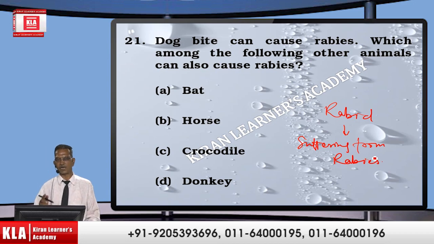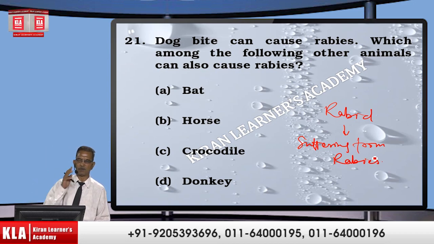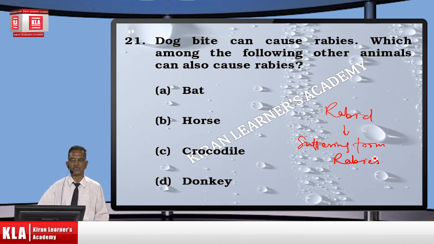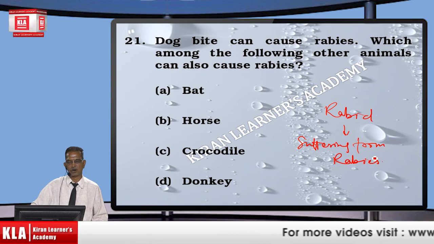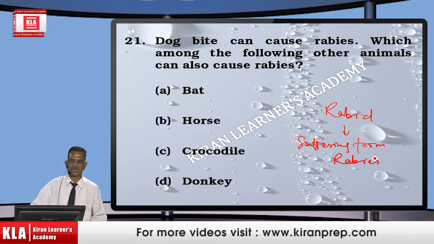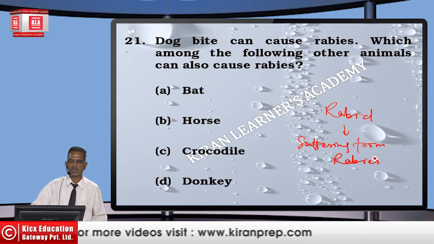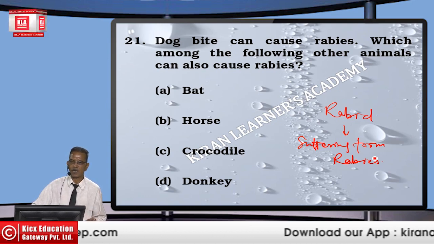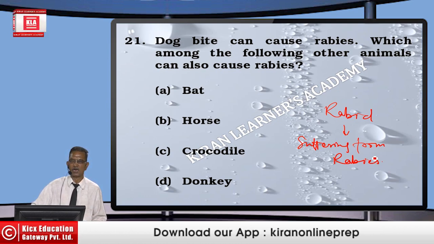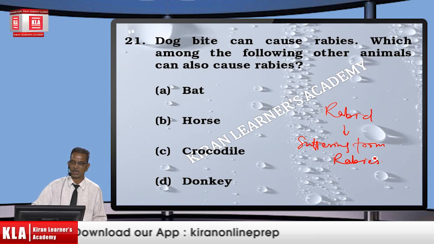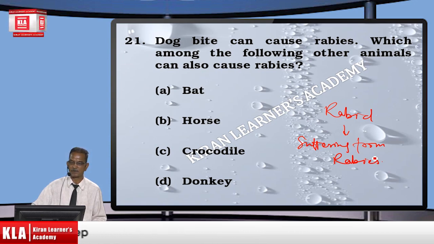I repeat again. There are two kinds of dogs. One in which the mouth is closed and the tongue remains inside the mouth. One can see the tongue only when the dog barks or opens the mouth. And then there is another dog, mostly in the street, where even when sitting or walking or standing, the tongue keeps hanging out. Now, this sort of dog is the one that has already been infected with the rabies virus, and the bite of these dogs is what causes rabies.